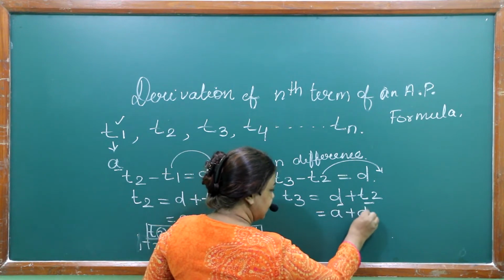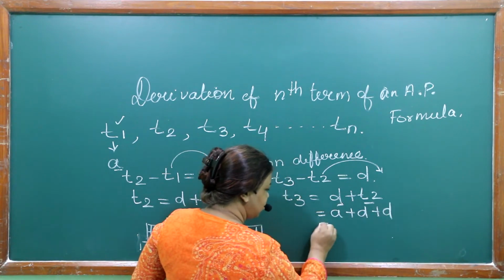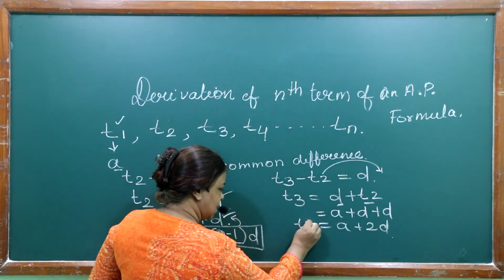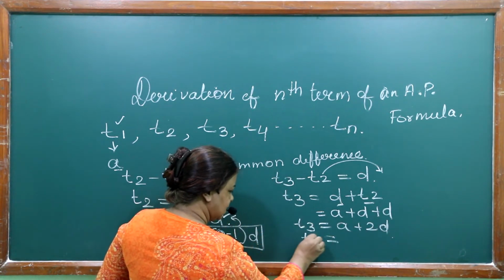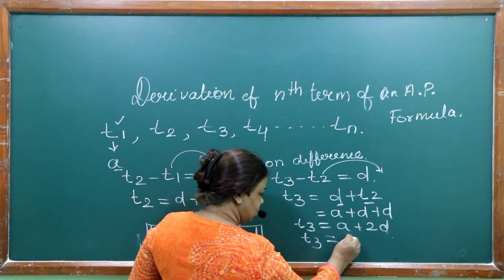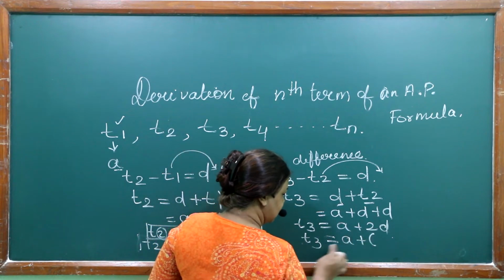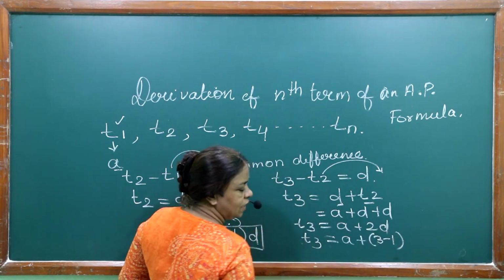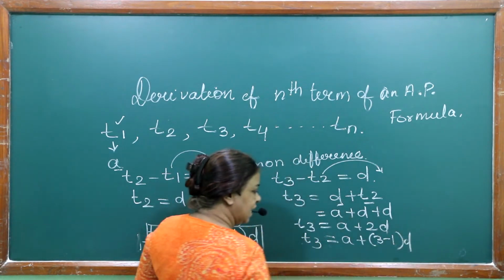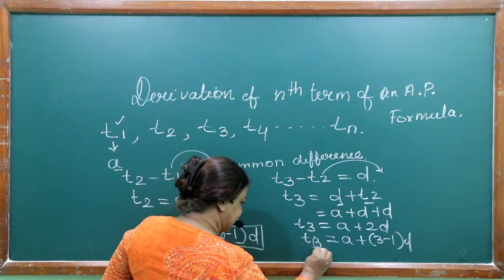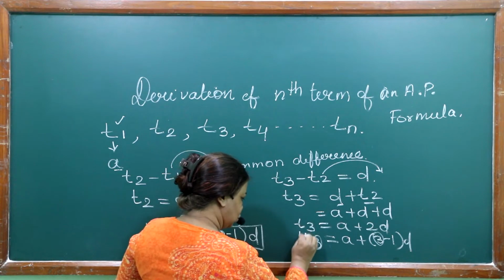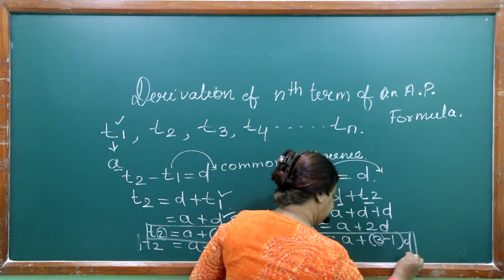A plus D plus D is nothing but A plus 2D. Now see, T3 is equal to A plus 3 minus 1, which is nothing but 2, into D. So T3 and here also 3. This is for the third term.